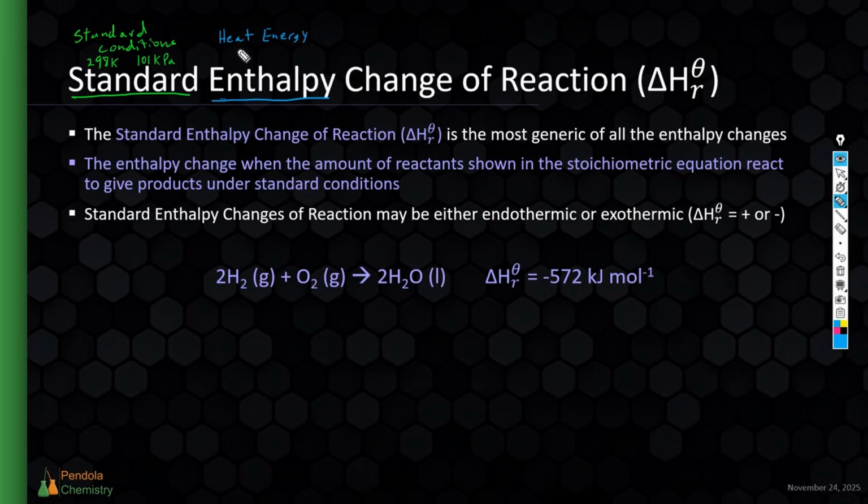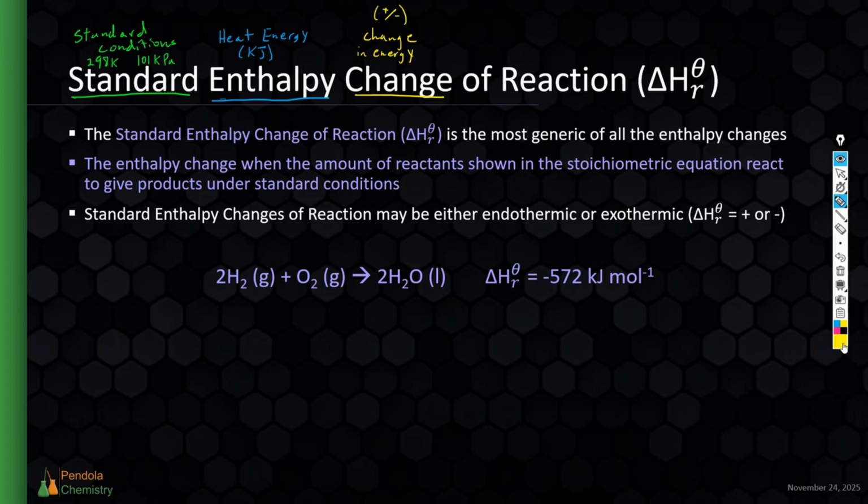And remember, heat energy is always calculated in either kilojoules or joules, although for enthalpy we use kilojoules. Change, which is pretty self-explanatory, is the change or exchange in energy, meaning it can either be positive or negative.